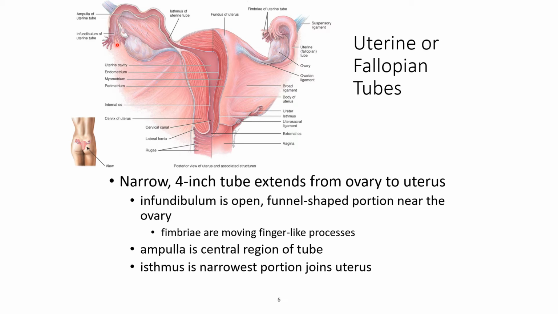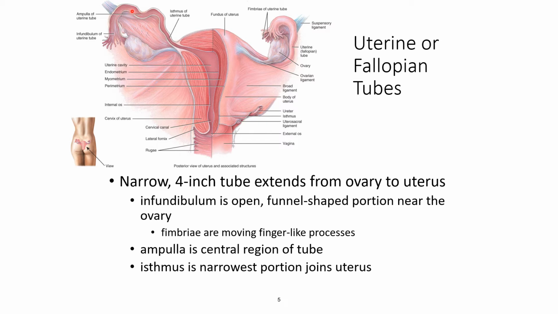Through the movement of the cilia on the surface of the fimbriae, the oocyte will be moved into the uterine tube or fallopian tube. This is the area of the fallopian tube where fertilization occurs.